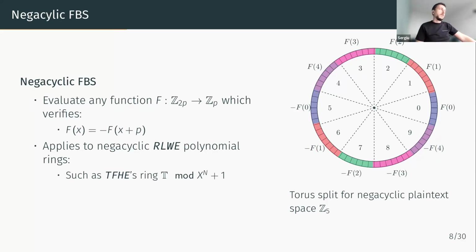Another interesting fact is negacyclic functional bootstrapping. The name negacyclic comes from the fact that the most efficient schemes use ring LWE samples, which are in a negacyclic polynomial ring, particularly modulo x to the power N plus 1.